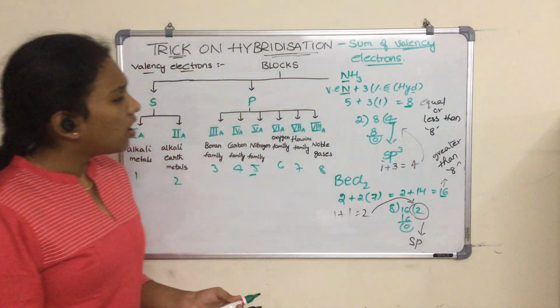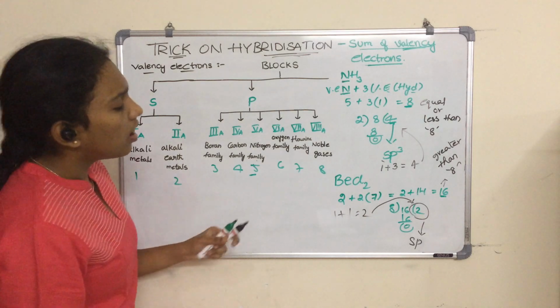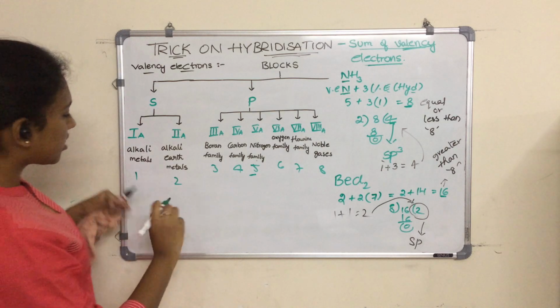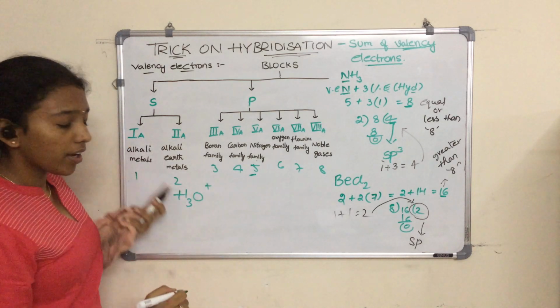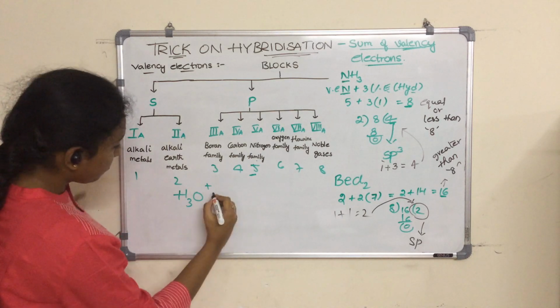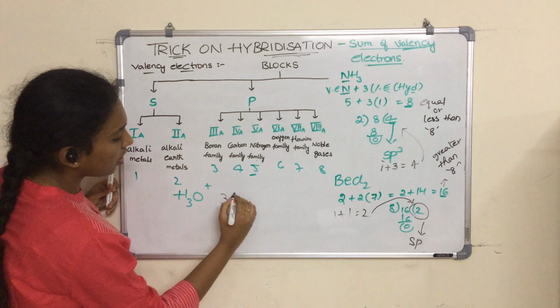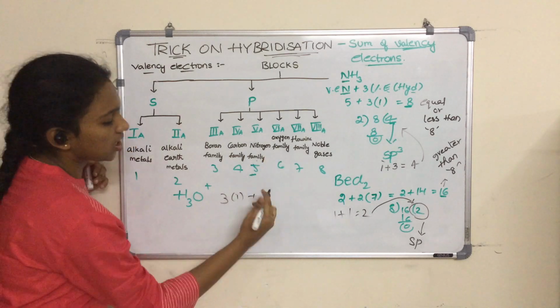Okay, now let's do another example, ions. Let's take an ion like H3O plus. 3 times 1, plus oxygen family, 6.